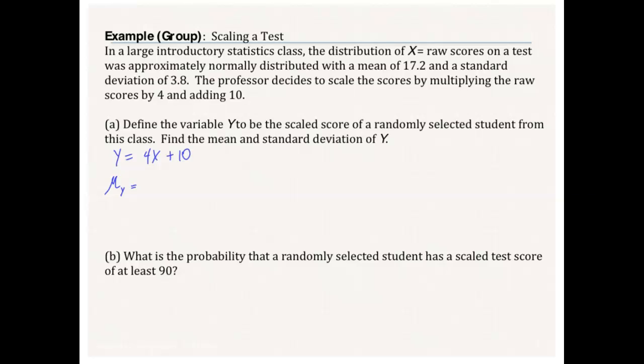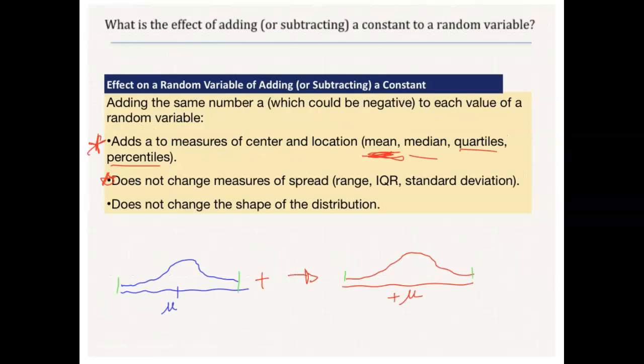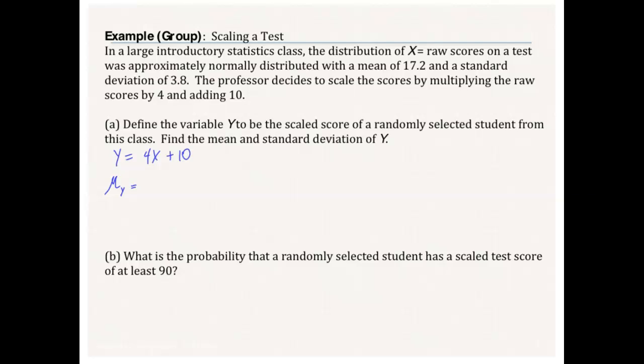And so we have two transformations happening here. We have a multiplier and we have addition, right? And so remember that multiplication also multiplies measures of center. And addition adds to measures of center. So both are going to impact the mean. So the way I'll compute my new mean is I'll do 4 times my original mean, and I'll also add 10, right?